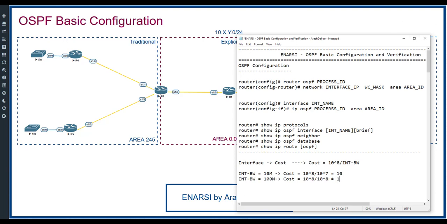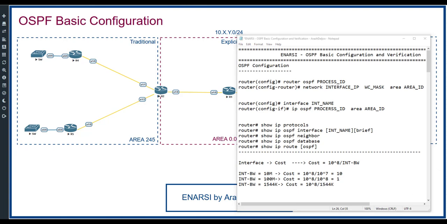Okay, about the serial interface, let me calculate. This is the interface bandwidth. About the serial interface, you know that we have the bandwidth of 1544 kilo. If you use this formula, you can find that the cost is equal to 10 to the power of 8 divided by 1544 kilo.